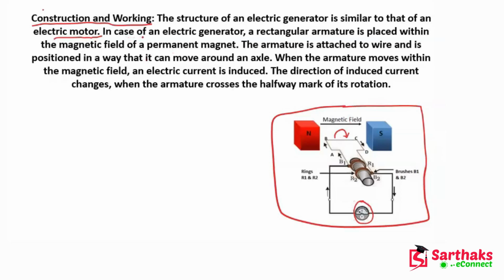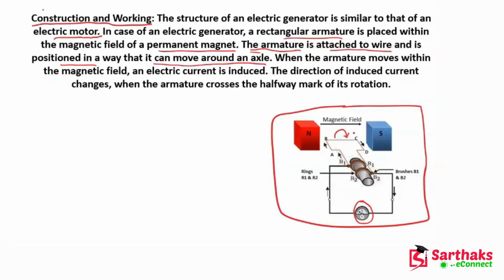Okay, so in case of an electric generator, a rectangular armature is placed within the magnetic field of a permanent magnet. You can see these are the poles of a permanent magnet, and this armature is in the magnetic field of this permanent magnet. Now the armature is attached to wire and is positioned so that it can move around an axle.